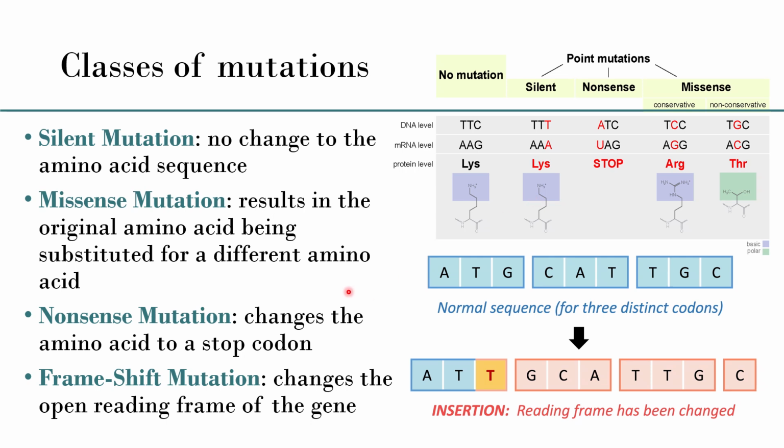Then there are missense mutations. This is where the amino acid that was originally there gets substituted for a different one. So this is the case of AAG being mutated to AGG or ACG, so an arginine or a threonine. Sometimes this does not really cause too much of a change in your overall protein structure.